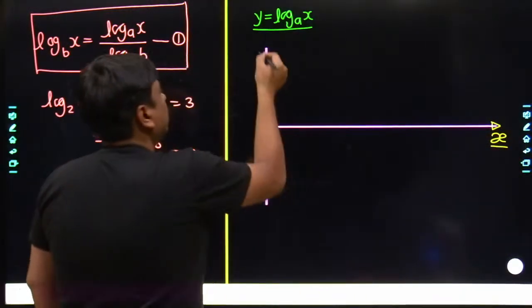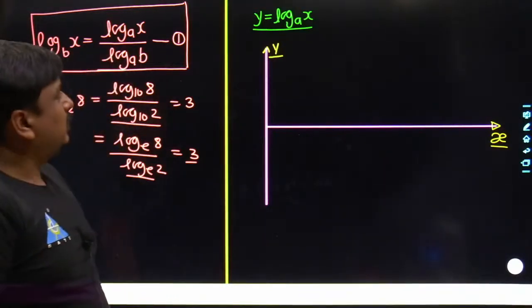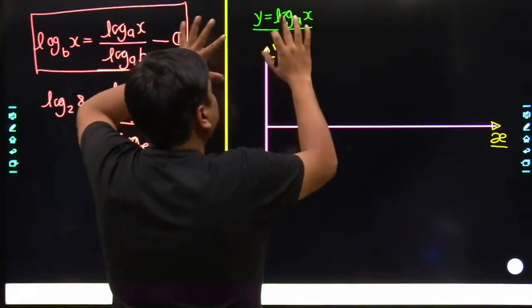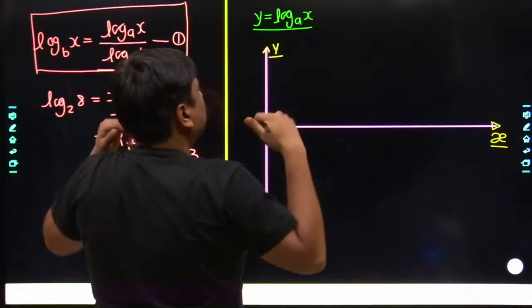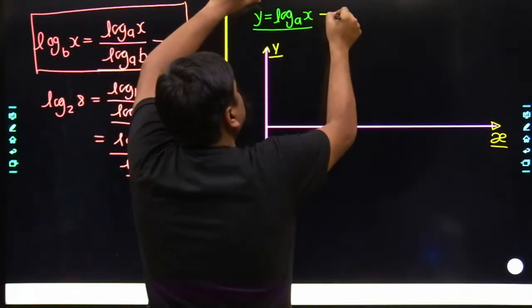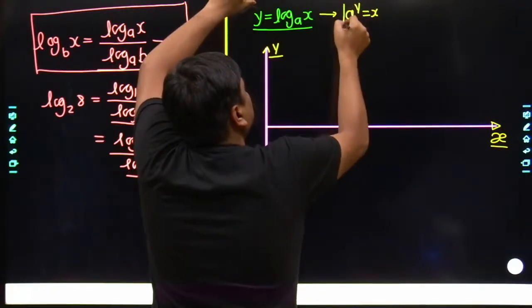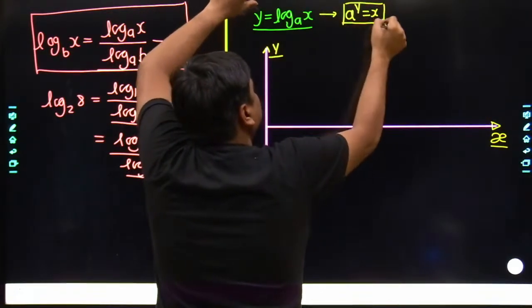Yes, my dear friends, y is equal to log a of x. Probably you may not find it very catchy, but once you write this as a to the power of y is equal to x, definitely you will have a much more comfortable understanding now.